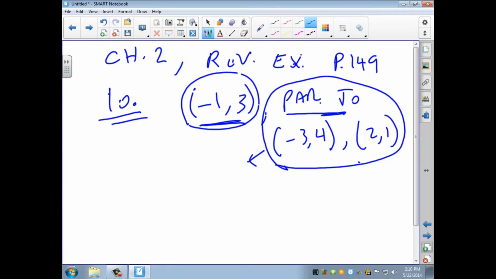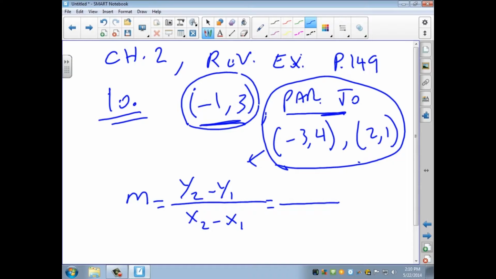So m, the slope, would be equal to the formula y2 minus y1 divided by x2 minus x1. Now you can take this as your first point and this as your second point. It doesn't make any difference. One of them first point, the other one second point.